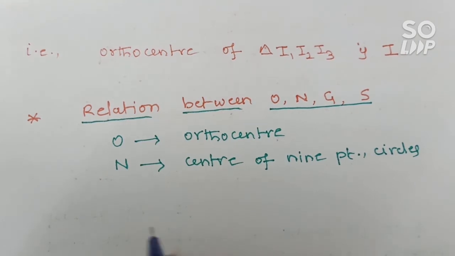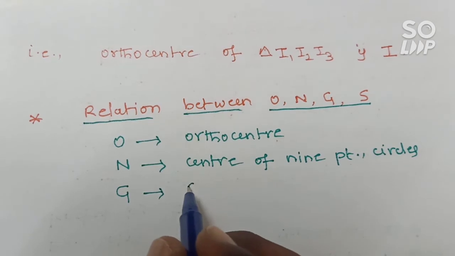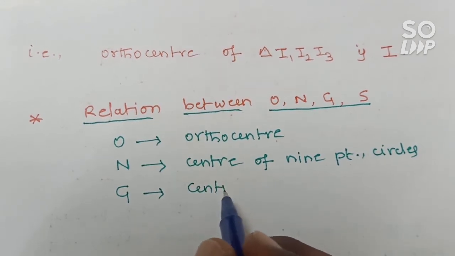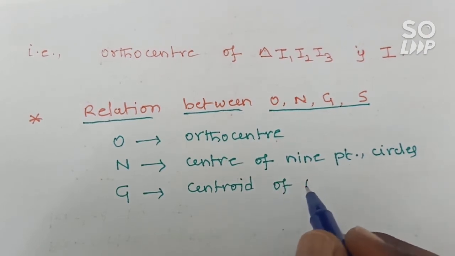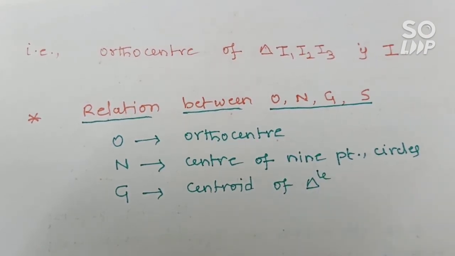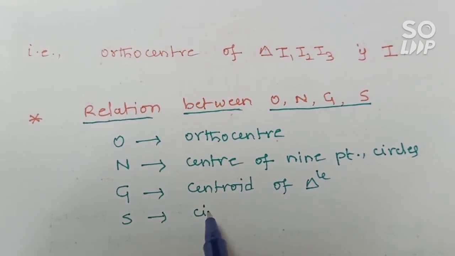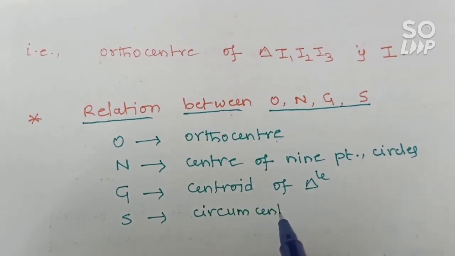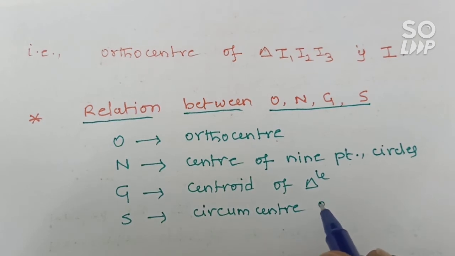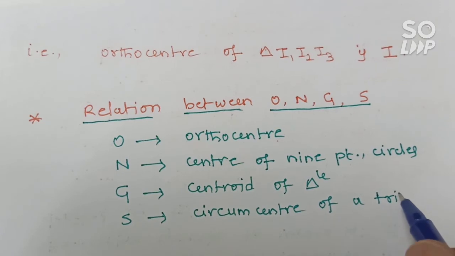Next, G represents the centroid of the triangle, right? And S represents the circumcenter of a triangle, right?